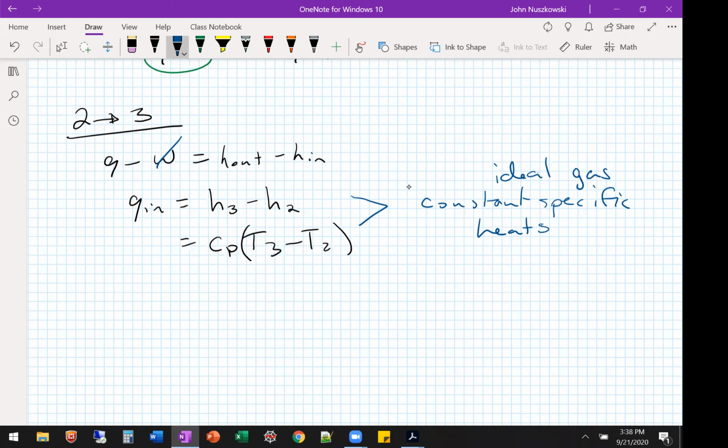We already looked up CP, we got T2 from the isentropic relationships, and T3 was given to us.